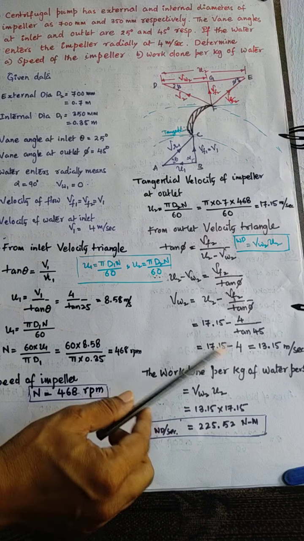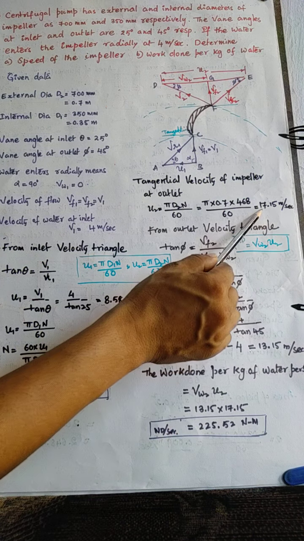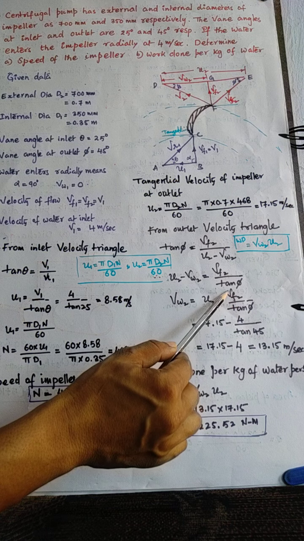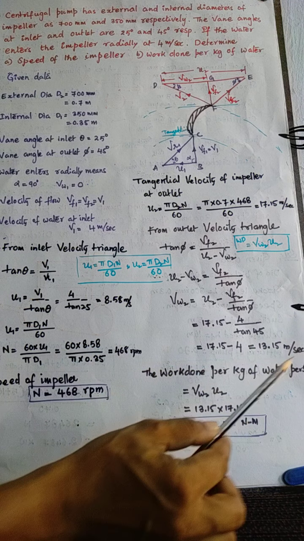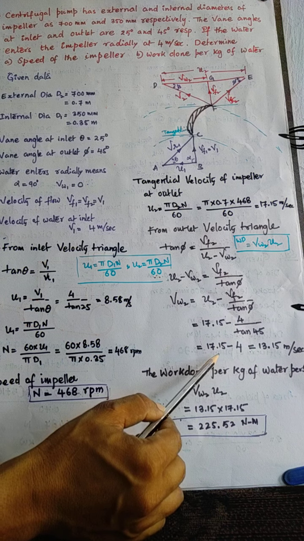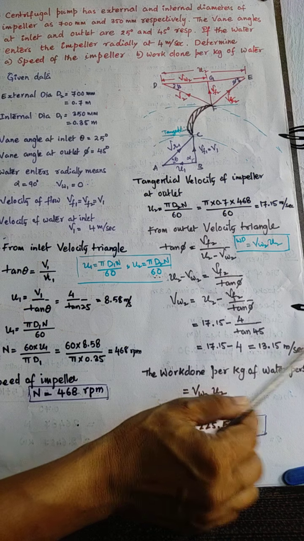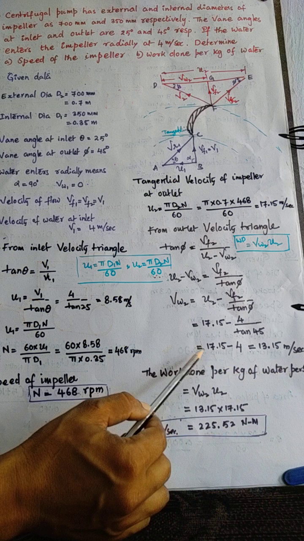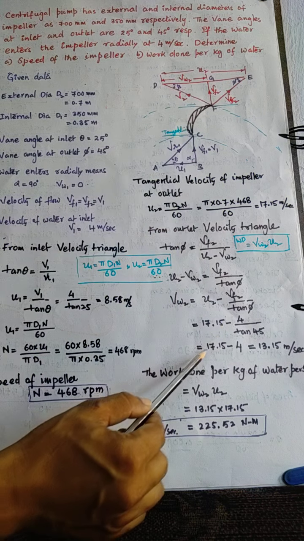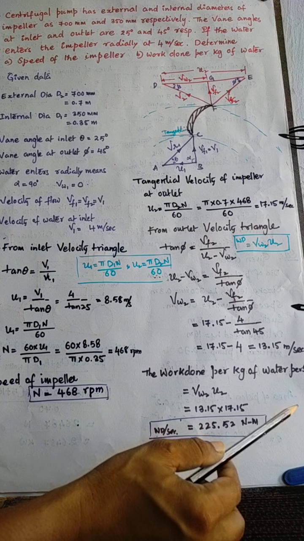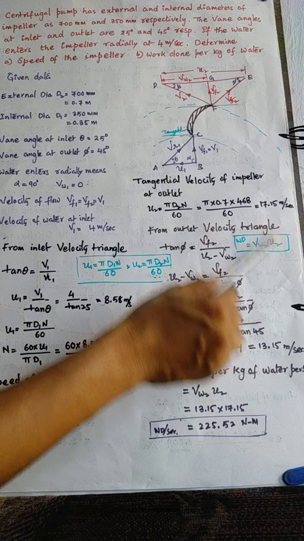Now we can directly substitute all the values: U2 is 17.15, Vf2 is 4, and tan phi is tan 45. Substituting these, the difference is 13.15 meters per second. So this is the Vw2 value, the whirl velocity at outlet, equal to 13.15 meters per second. So you got the Vw2 value and the U2 value.